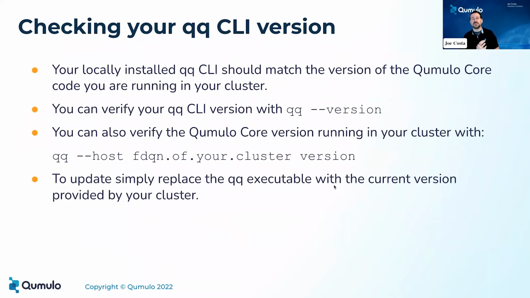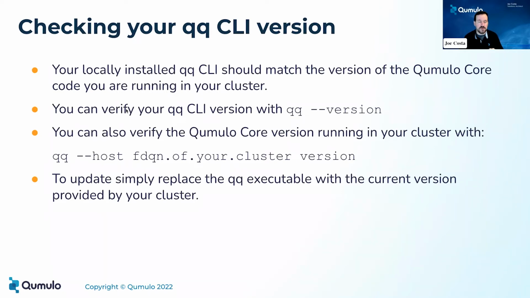So how do we check which version of the CLI we are running? The version you're running should match the version of your Qumulo core. We do have some wiggle room there. You can use a CLI that's a little bit outdated, or a CLI that's a little newer. But it might be that you have some commands on your CLI that do not exist on your cluster.